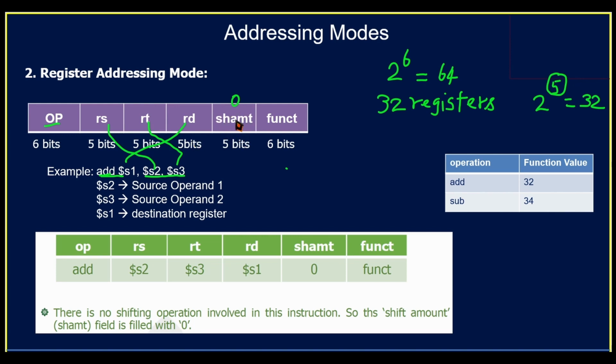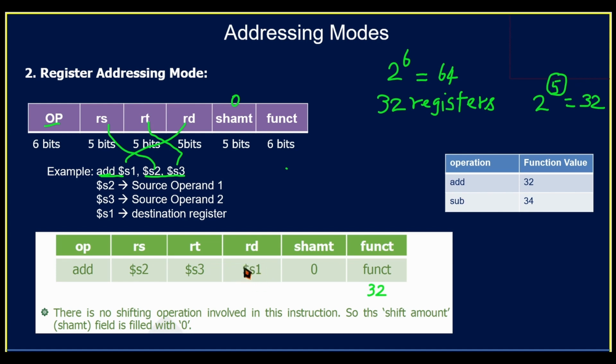Then this value will be 0, and since it is an add instruction, the function value should be 32. 32 means you should convert it into binary form. 6 bits will be taken, and you have to put that here, and here all the 5 bits should be 0.